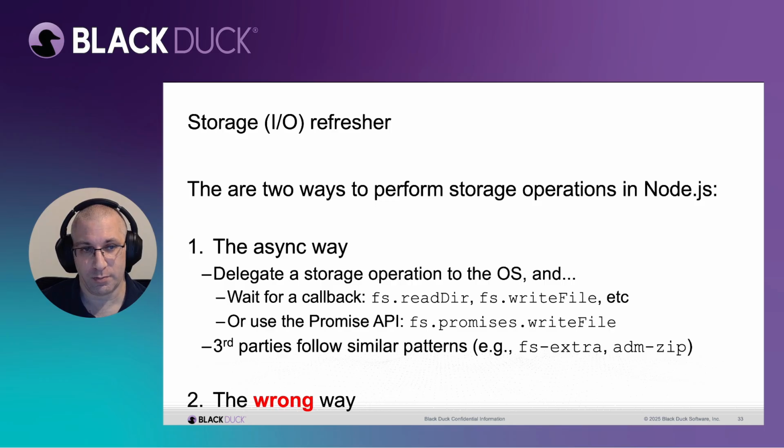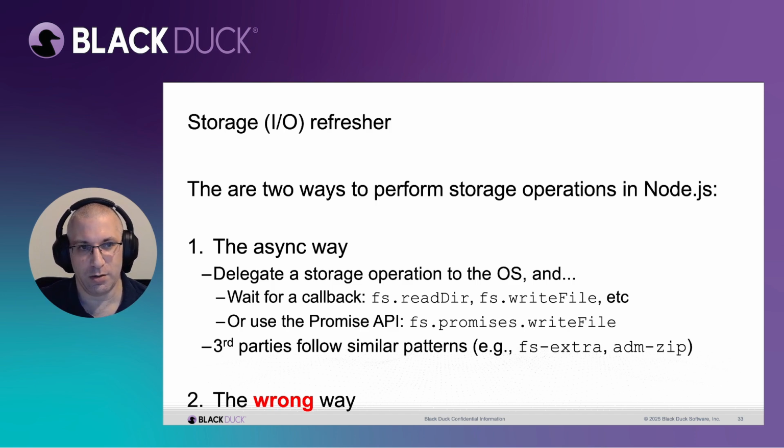Generally speaking, there are two ways to perform storage operations in Node.js. The first way is the async way, where you delegate the actual I/O task to a worker thread. So there are traditionally your callback APIs, so your readdir and your writeFile and so on and so forth.